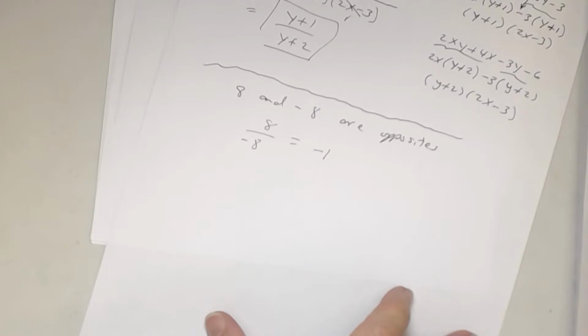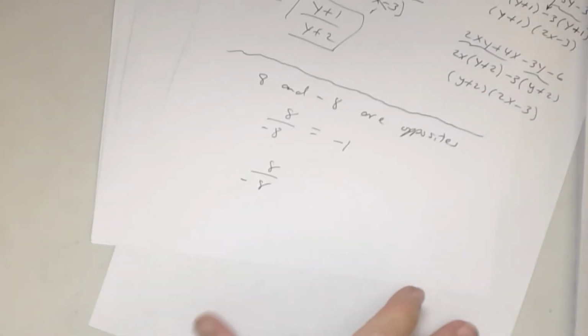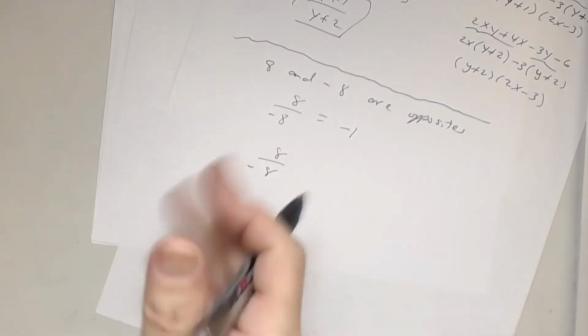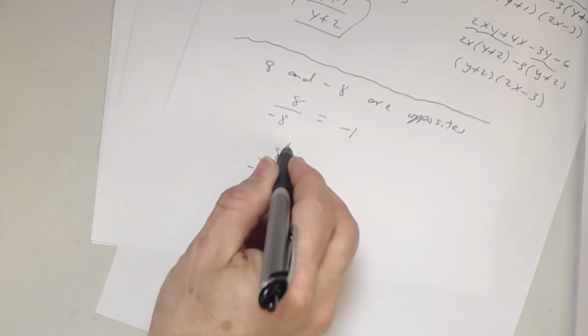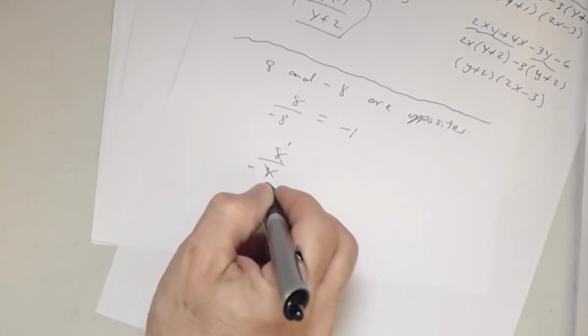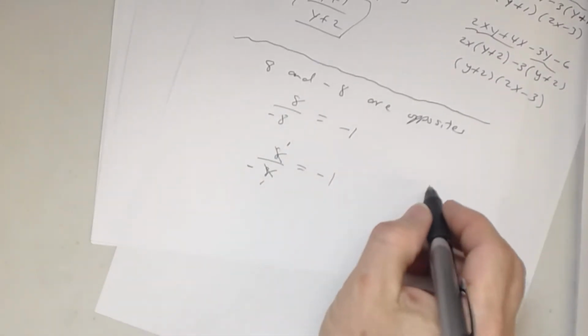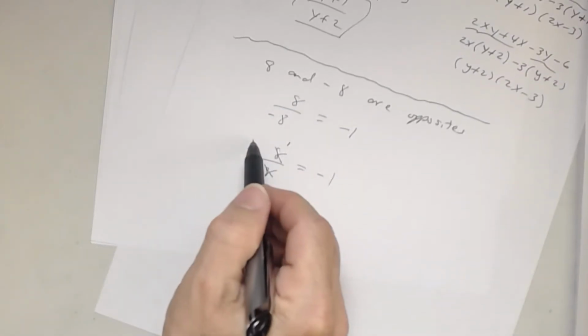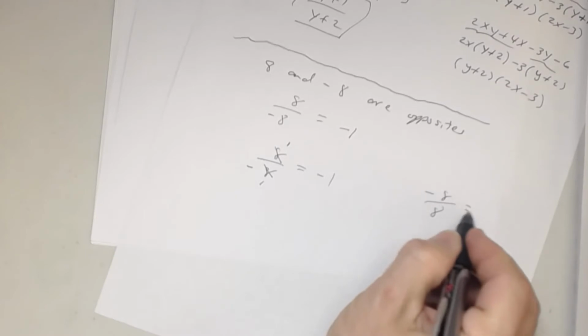Okay? So I want you to notice this, though, that when I reduce, if I were to go ahead and do the idea of reducing here, 8 into 8 is 1. 8 into negative 8 is negative 1 as well, right? So I get 1 divided by negative 1 is what? Negative 1. Also keep in mind that I could have, instead of just saying 8 divided by negative 8, said negative 8 divided by 8, which would still give me what?